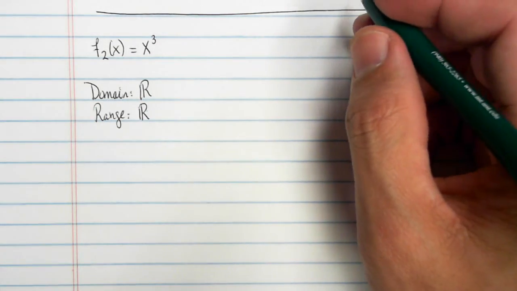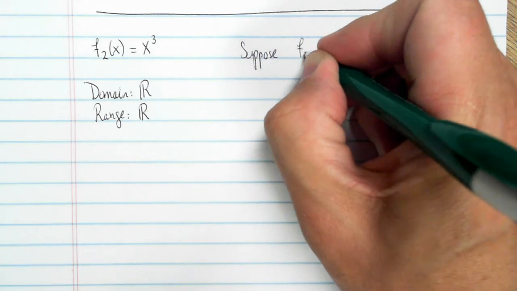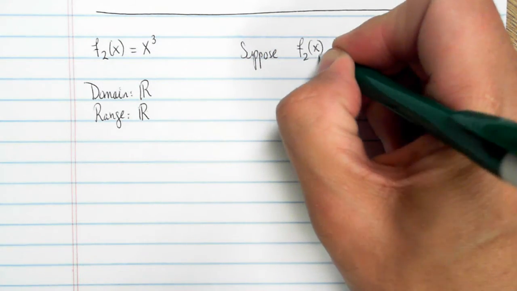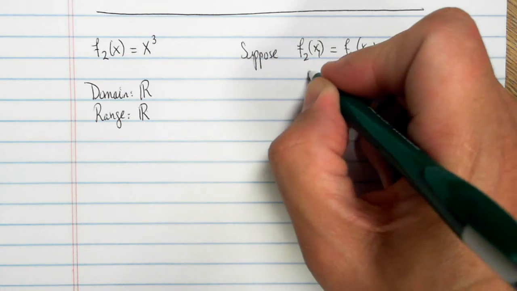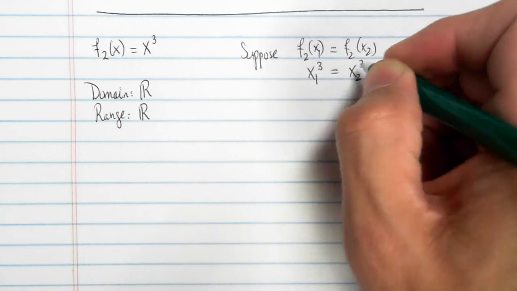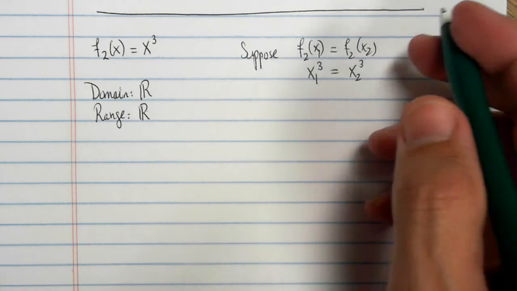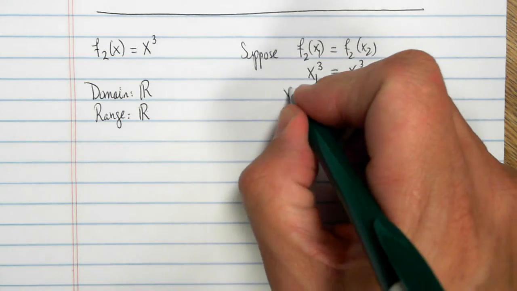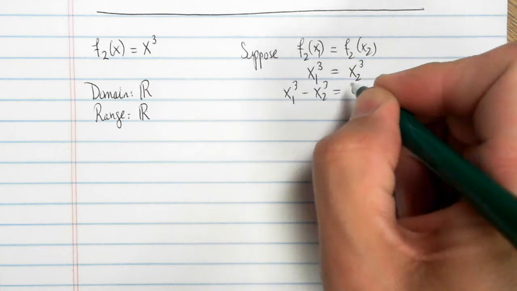Let's go ahead and establish this. Suppose f2 of x1 is equal to f2 of x2. So x1 cubed is equal to x2 cubed. We can write it like this: x1 cubed minus x2 cubed equals 0.